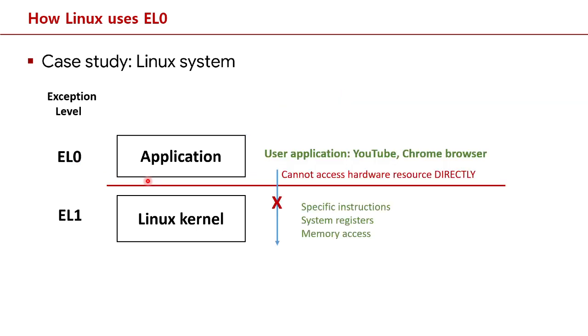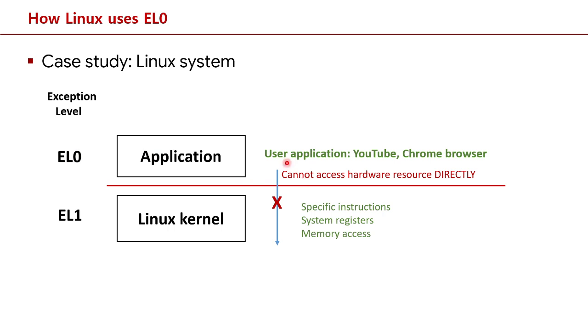Now let's focus on the privilege level of exception level 0. The ARM architecture indicates that exception level 0 corresponds to privilege level 0. Sometimes we call EL0 the unprivileged level. That means access to hardware resources at exception level 0 is not allowed.